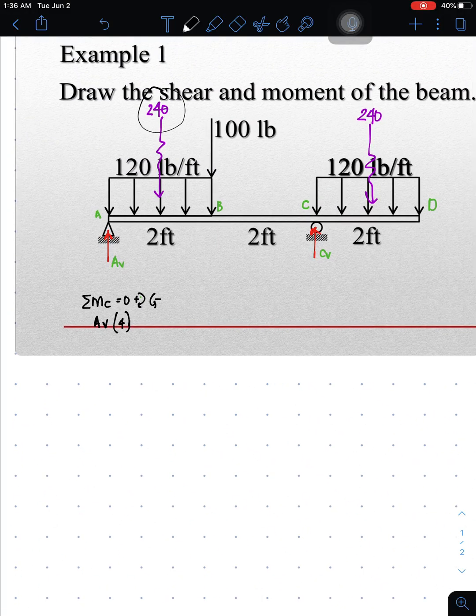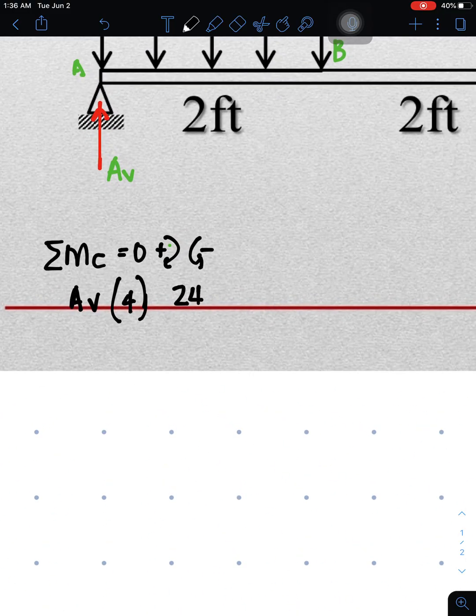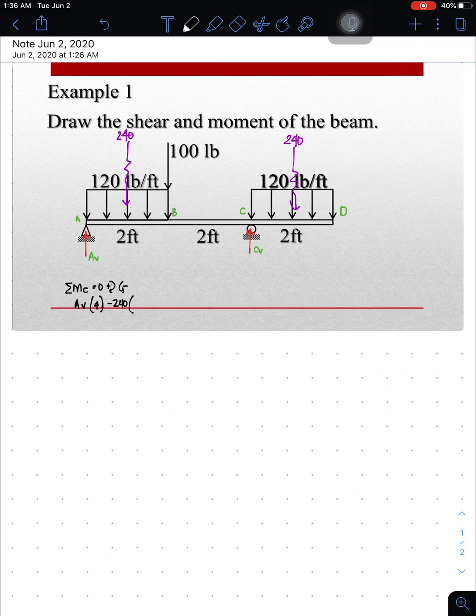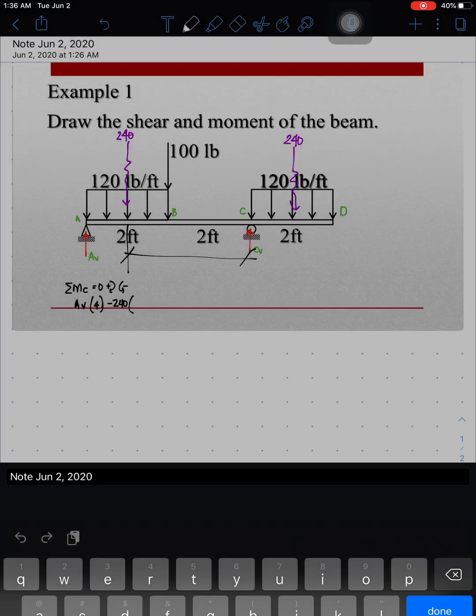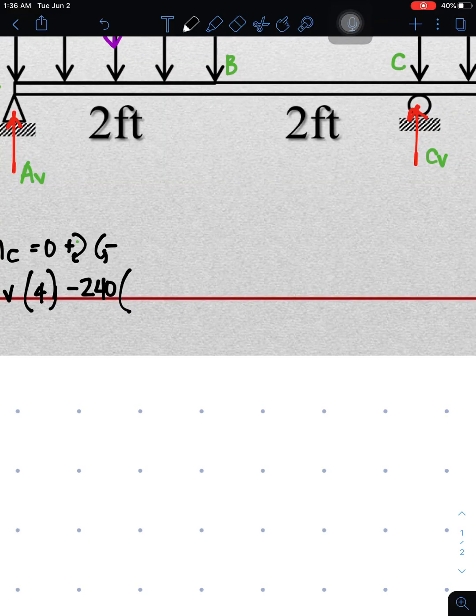Then I'm using this 240 first. The 240 will rotate counterclockwise, so it's negative. The moment arm of that 240 is 1/2 of 2 plus 2. So 1/2 of 2 is 1, and then plus 2, that's 3.